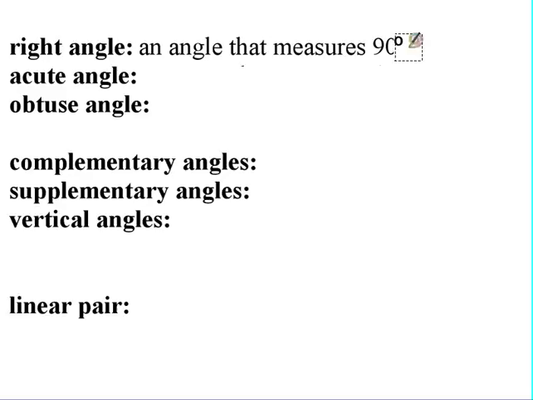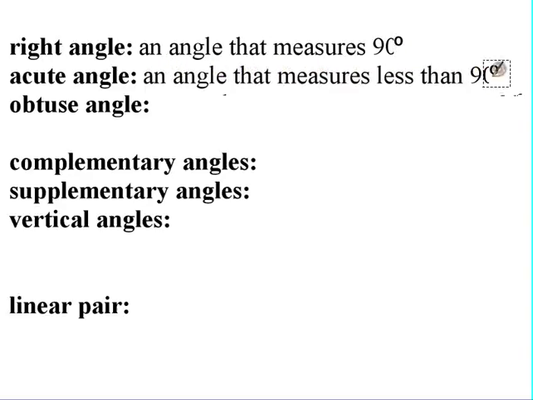What's an acute angle? An angle that measures less than 90 degrees.